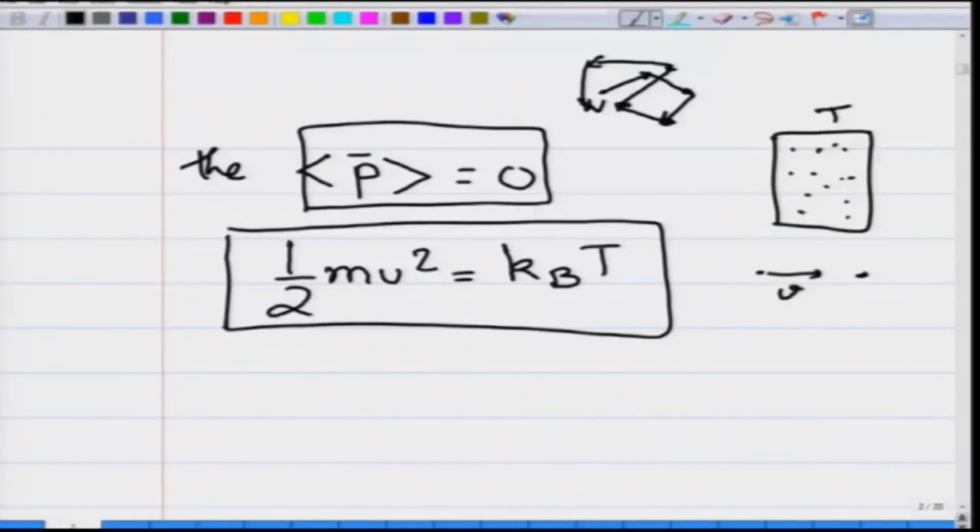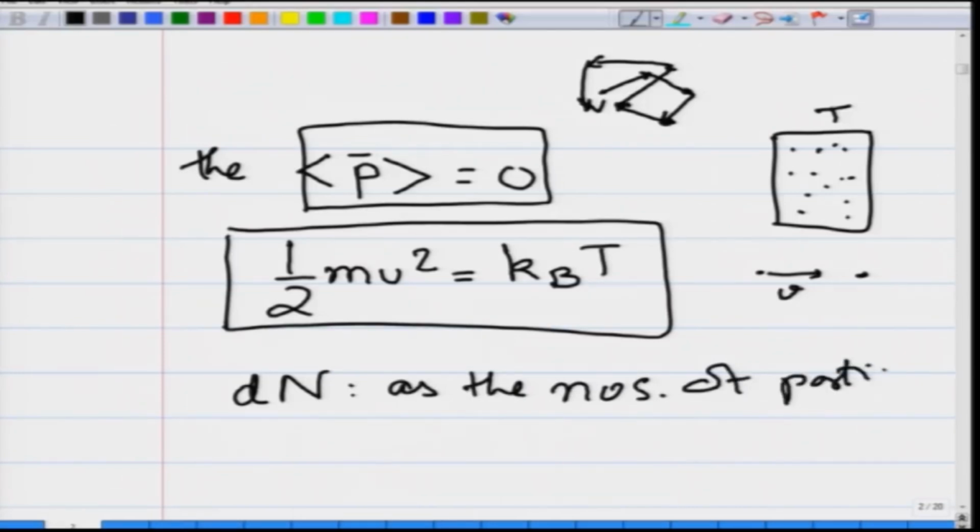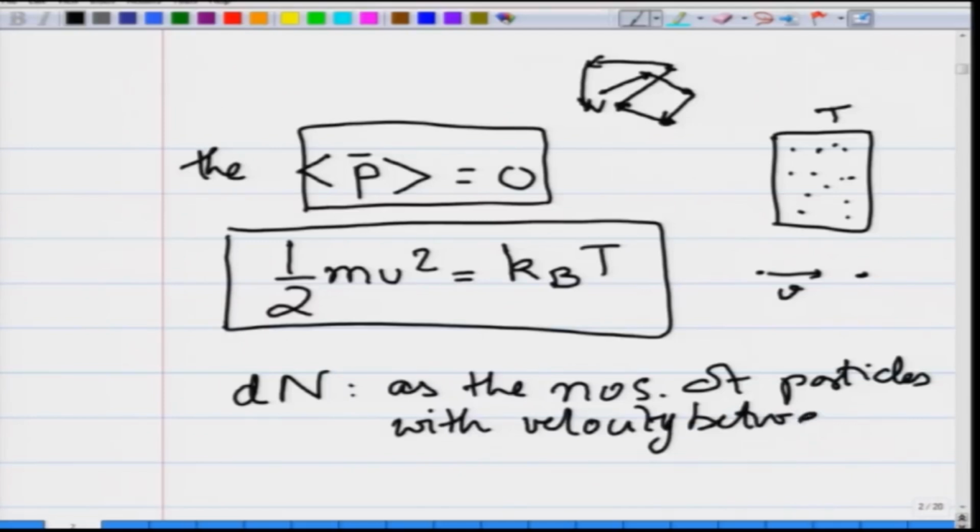It is based on these assumptions, and one important aspect about these particles is that they have a velocity distribution. So, if you consider dN as the number of particles with velocity between v and v plus dv.